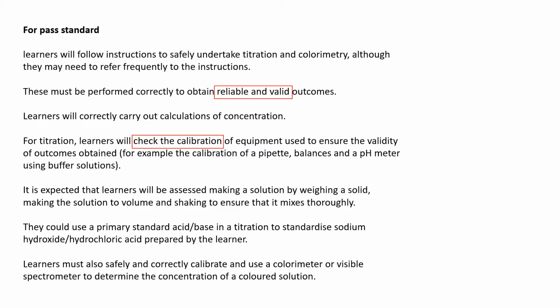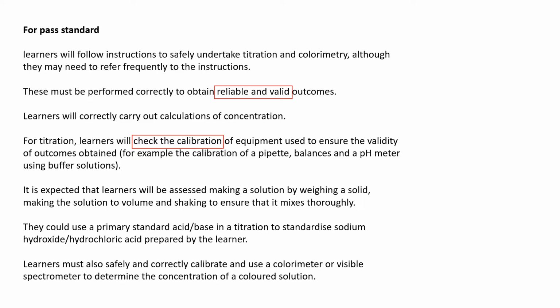So you do a titration, you get a certain value, you do it again, it's slightly different. So do it more carefully. You do it again, you get the same value. You do it again, you get the same value. They are concordant. You're getting the same result every time. And that means you're doing it reliably and your results are valid.